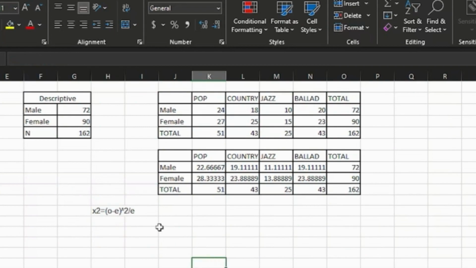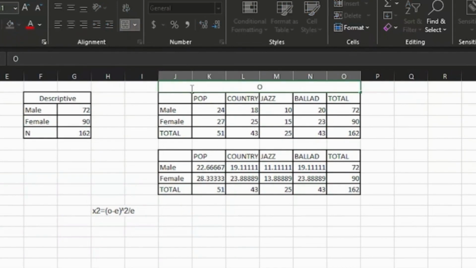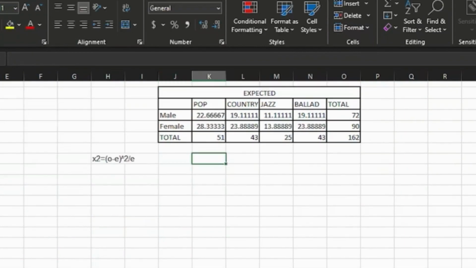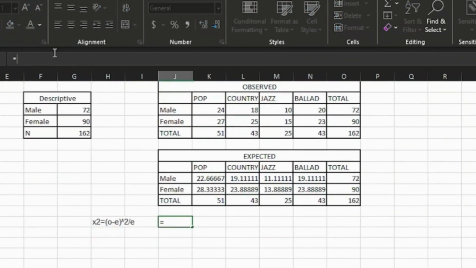Once you have the expected values, we can now proceed to the chi-square test. Remember, our chi-square test formula is χ² equals the sum of (O minus E) squared over E, where O is the observed value, while E is the expected value. To do this, first, type an open parenthesis and select the first cell for observed values in the first group and category.